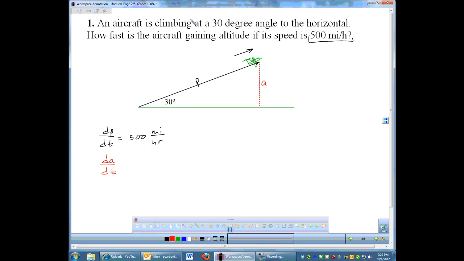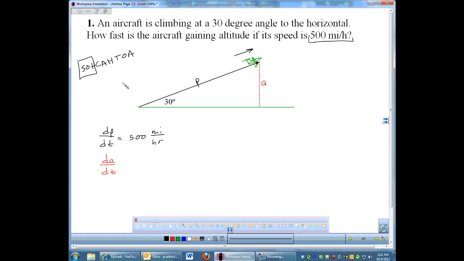And now, as with every other related rates problem, we've got to find some way to tie together the variables P and A. There's a couple ways you can do this. Probably the easiest to understand would be to go into your old SOHCAHTOA right triangle trigonometry. Because we have a given angle of 30, and we have the opposite side and the hypotenuse, which means we're going to be doing the SOH.